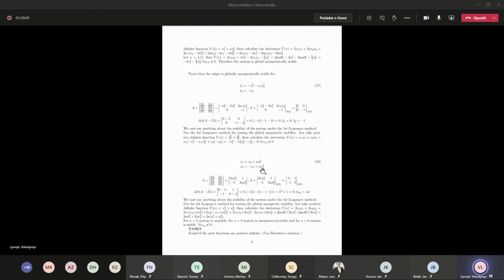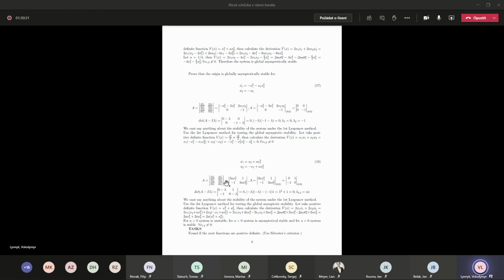And the next equation is x1 dot equals x2 plus ax1 cubed, x2 dot equals minus x1 plus ax2 cubed.